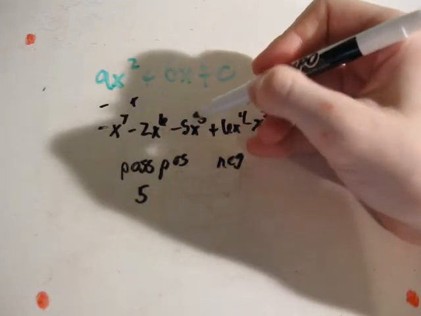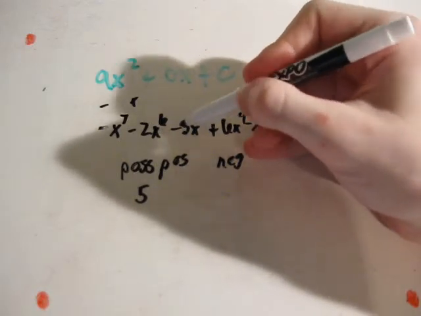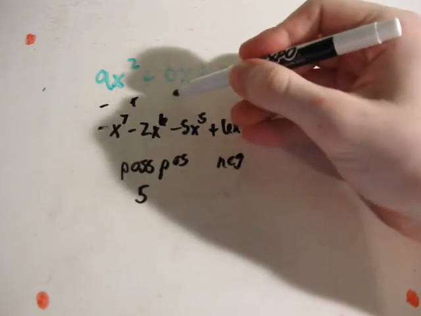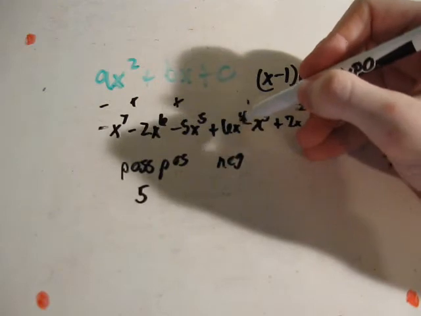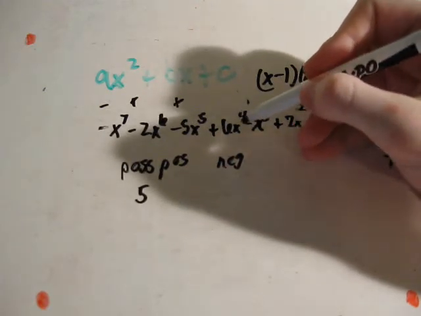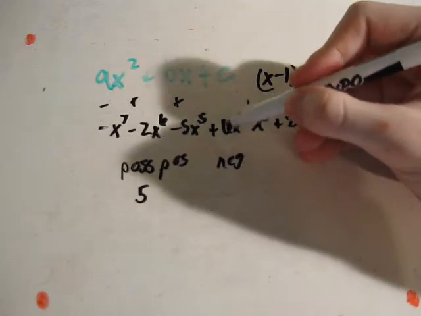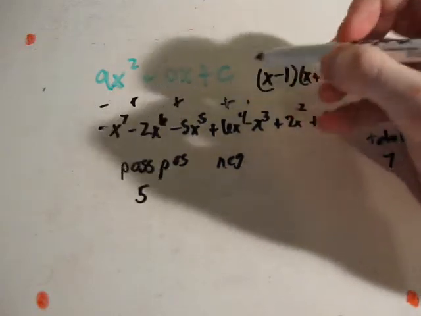Then we put negative x here, and it would be negative, but since it's times another negative, it becomes positive. Negative x to the positive exponent makes it positive, and then this makes it positive, so this stays positive.